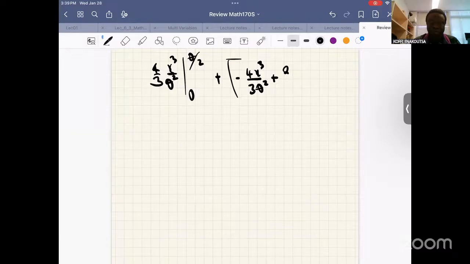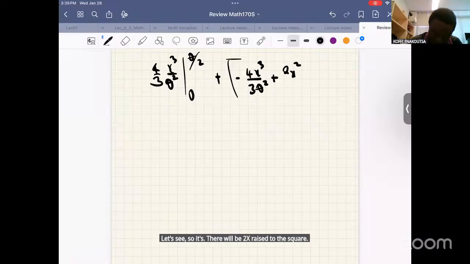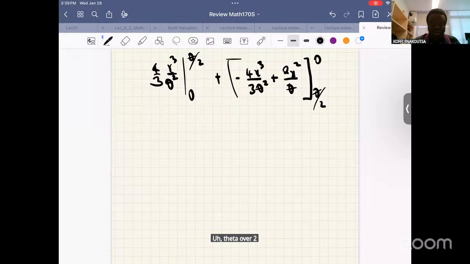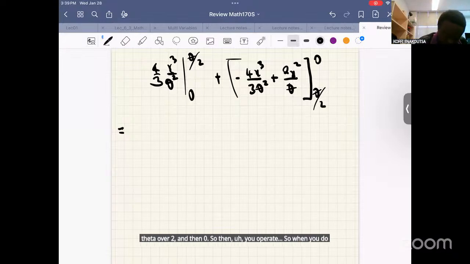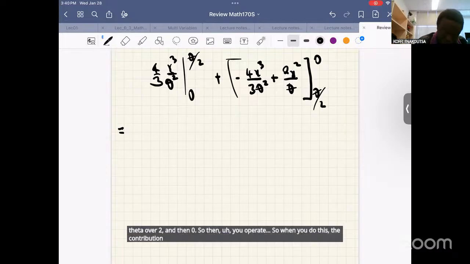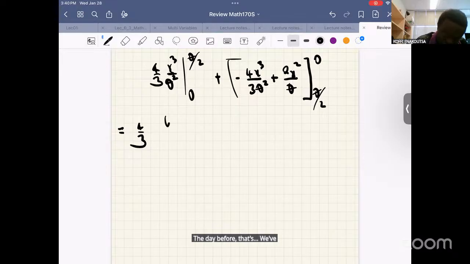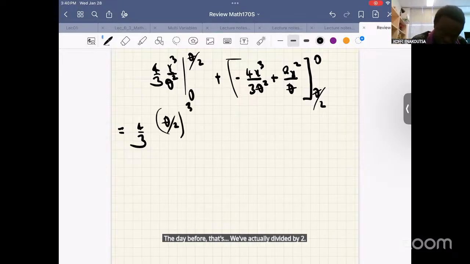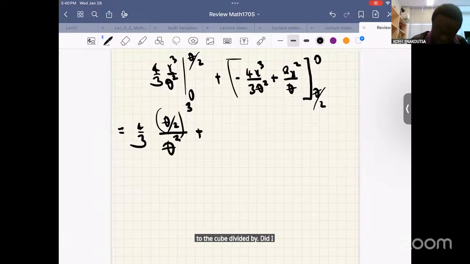Let's see. So I have 4x, so that will be 2x squared divided by theta, to be taken between theta over 2 and then 0. So then you operate. When you do this, the contribution from 0 is 0. That will be 4/3 with theta divided by 2 to the cube divided by theta square, and then plus.